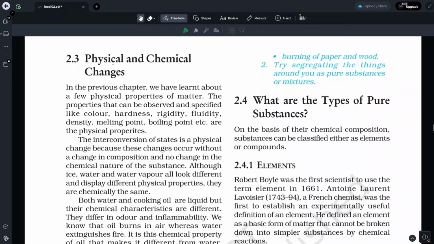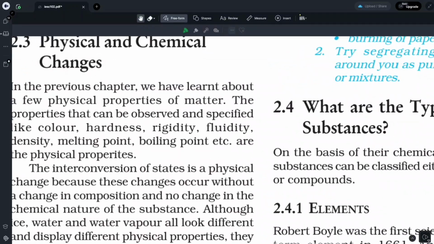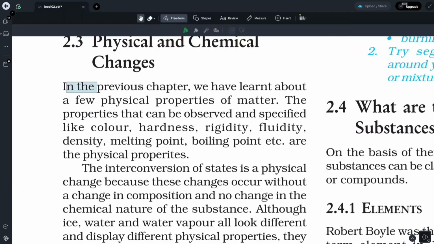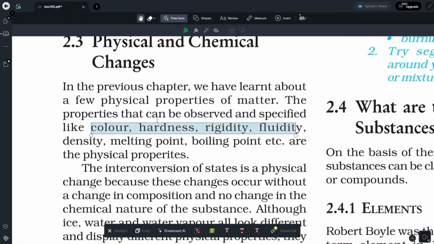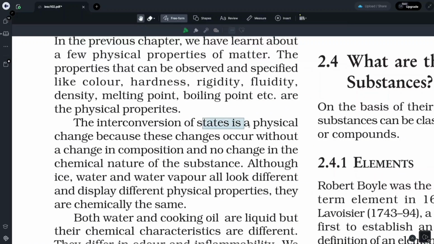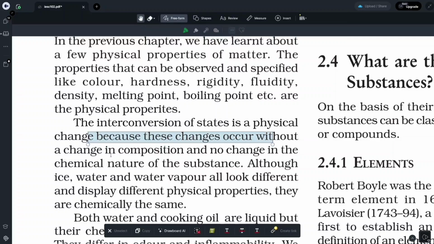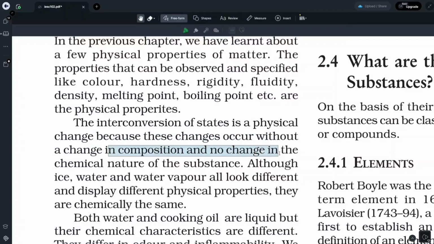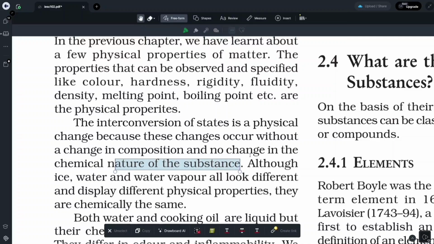2.3 Physical and chemical changes. In the previous chapter, we have learned about a few physical properties of matter, the properties that can be observed and specified, like color, hardness, rigidity, fluidity, density, melting point, boiling point, etc. The interconversion of states is a physical change, because these changes occur without a change in composition and no change in the chemical nature of a substance.